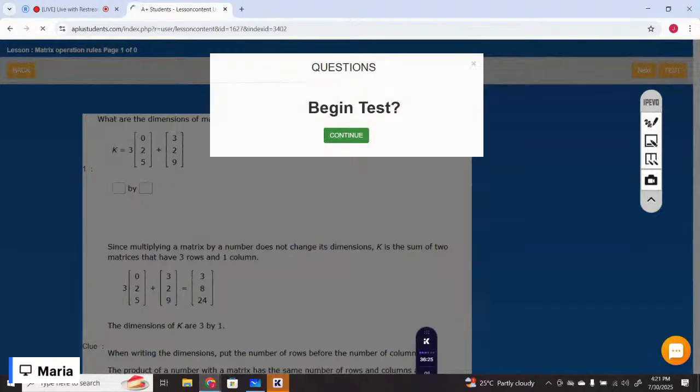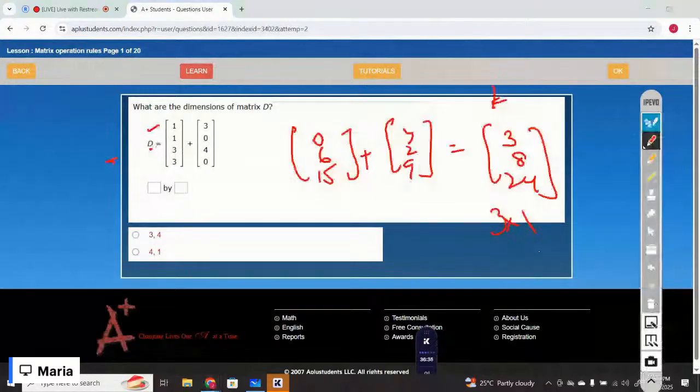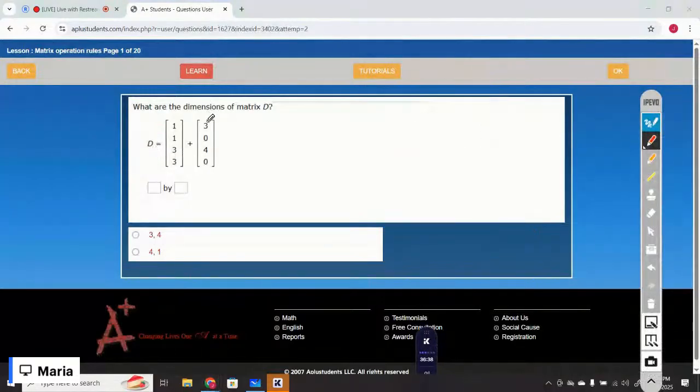Let's start with the test questions. What are the dimensions of matrix D? D is the sum of these two matrices, and for these two matrices the dimensions are 4 times 1.